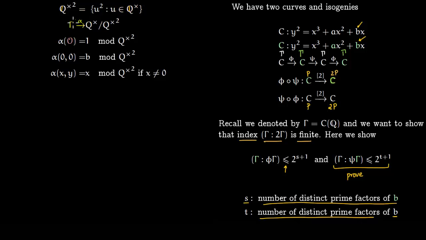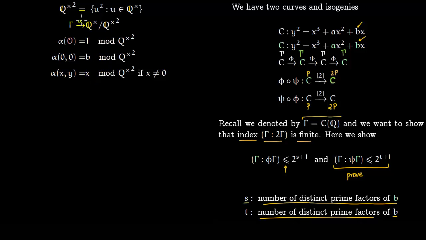So we have to inject this group gamma, this group of rational points right here on the white curve, into, or construct a homomorphism essentially over Q, this group of non-zero rationals over non-zero rationals squared.